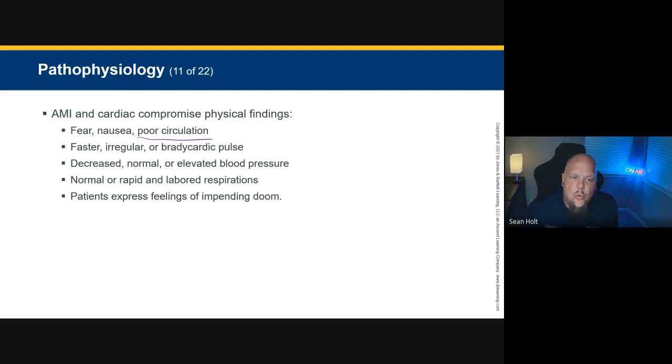Fast, irregular, or bradycardic pulse. So you might have tachycardia, you might have an irregular pulse, or you may have bradycardia or slow heart rates. Slow heart rates generally less than 60, fast heart rates over 100. Okay. The higher you get, the closer you get to 200, the more scared I get, right?